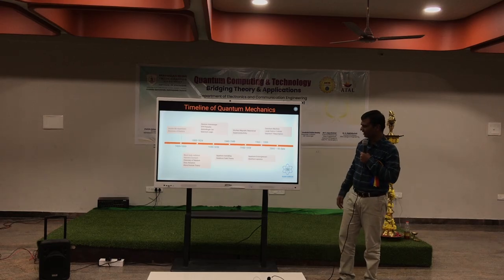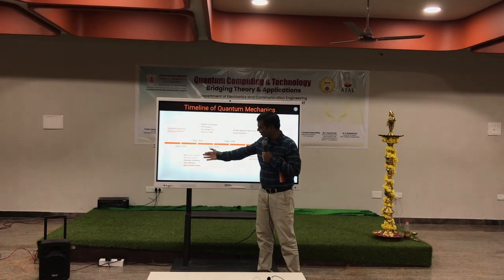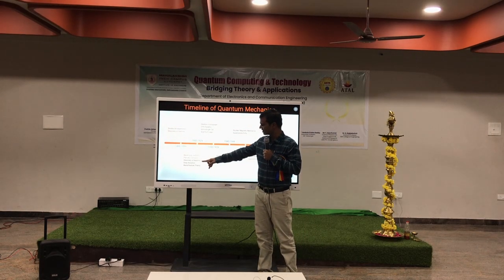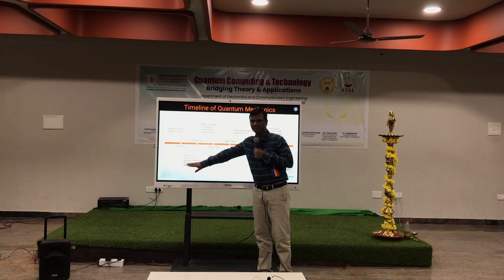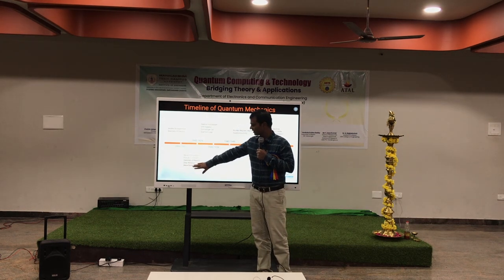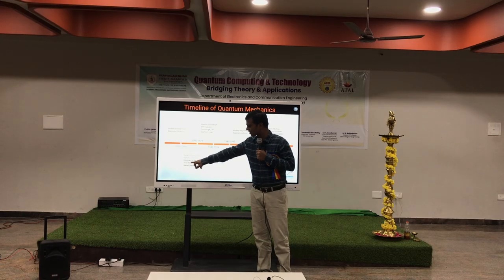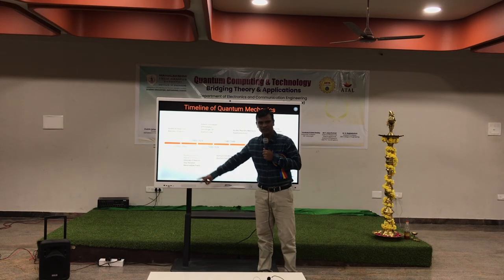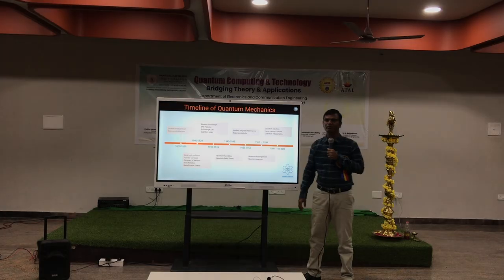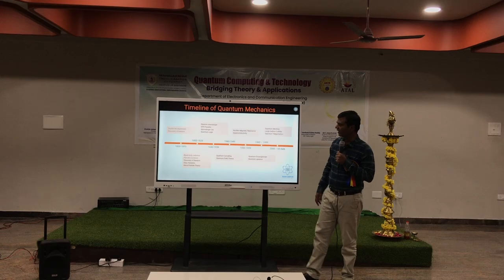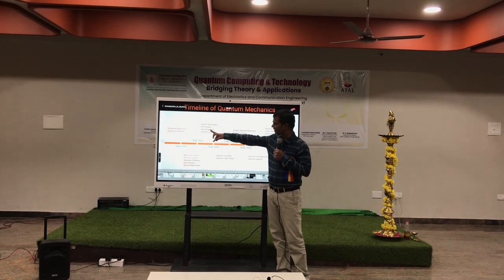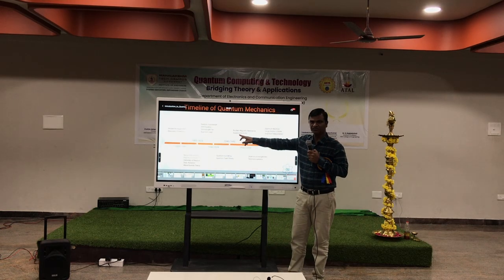Black body radiation, Planck's constant, discovery of the neutron, and Dirac notation we will see in mathematics. Wave particle theory, all these except Dirac notation, you are already familiar with from +2 physics. And the EPR paradox, Schrodinger's cat, and quantum logic we will see.